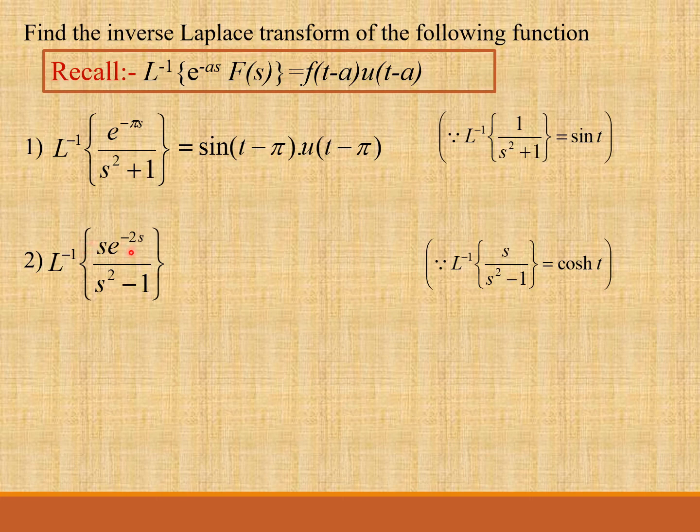Laplace of the displaced unit step function is e raised to power minus as. So Laplace inverse of e raised to power minus 2s is u of t minus 2, and the original function is cos ht. So write f of t as f of t minus a. So here it is cos ht of t minus 2.